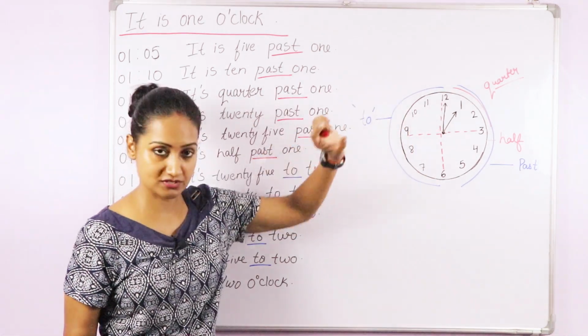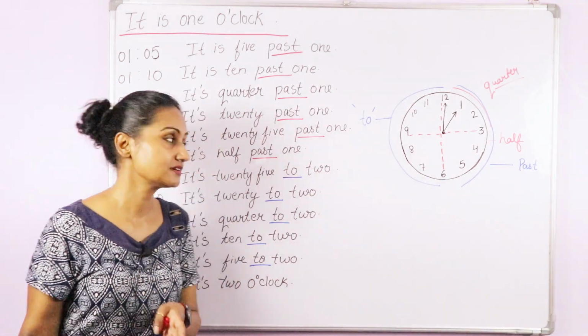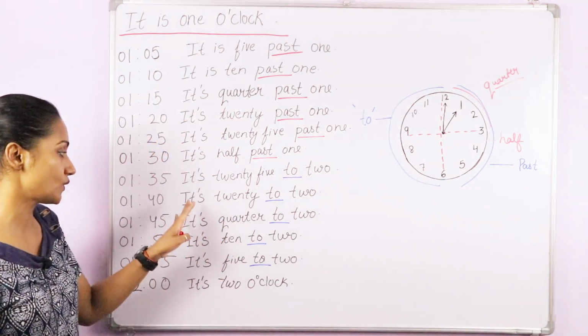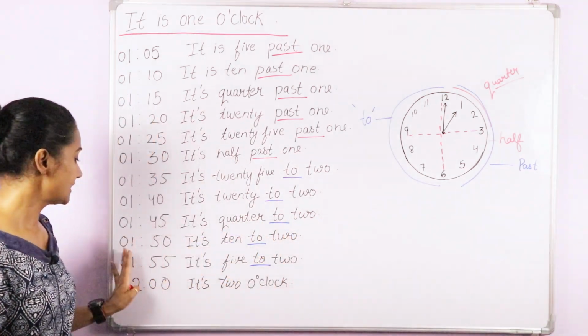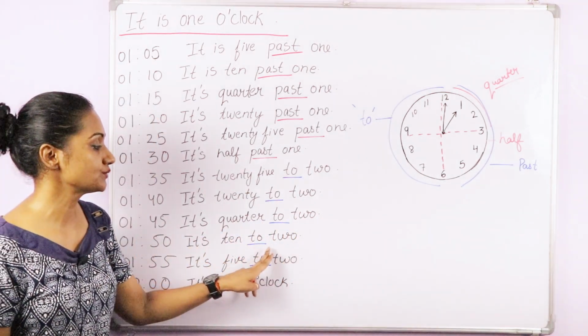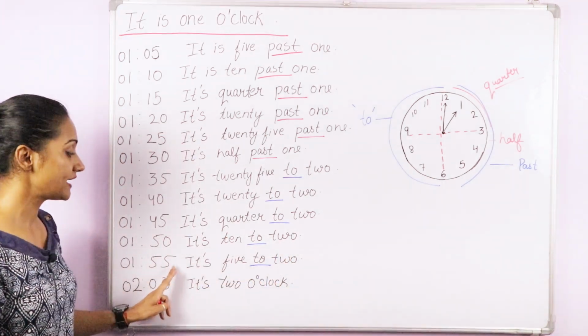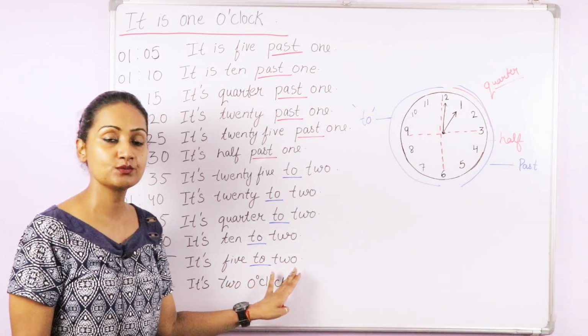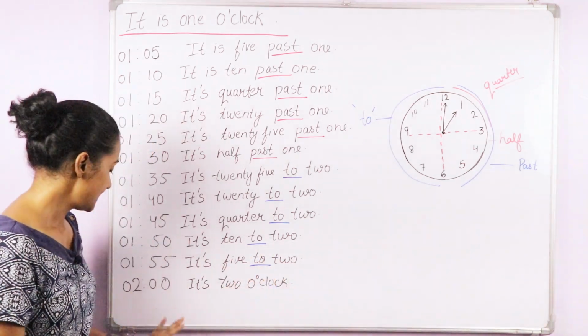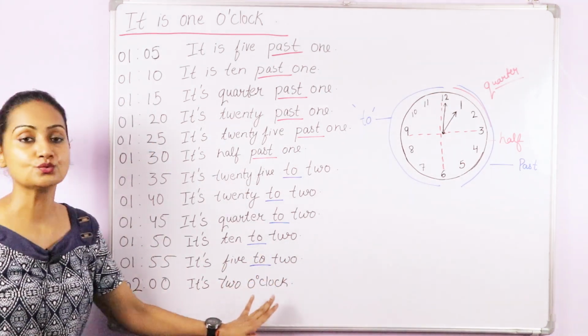So a quarter of the time is left. That's why we are going to use quarter. So it's quarter to 2. Now 1:50, it's 10 to 2. 1:55, it's 5 to 2. After 5 minutes, the time will be 2 o'clock. And then 2, it's 2 o'clock.